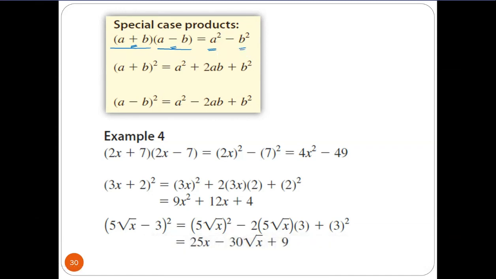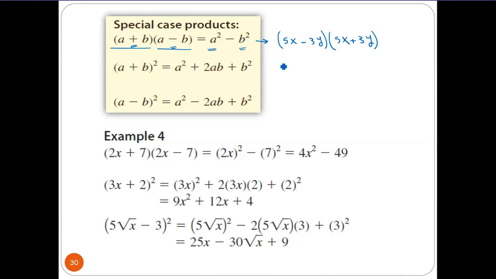For example, in this special case, if we have 5x minus 3y multiplied by 5x plus 3y, this is the same term, 5x, 5x, 3y, 3y, but one negative and another positive. Don't worry if the first is negative and the second positive, or addition, subtraction, it is the same result.